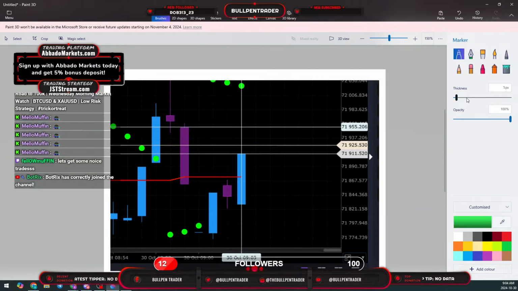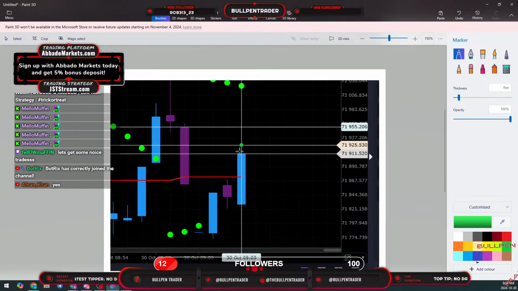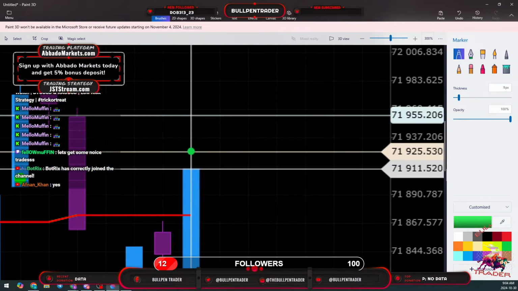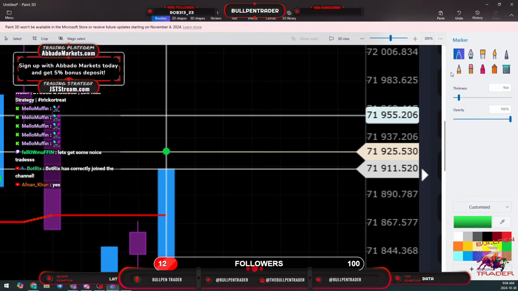Let's say I'm going to do green for a buy trade. If I enter into a buy trade, it will enter me at the line above, right about here. Let's say the price it entered me at is 71925, but the price for Bitcoin is right here at 71911.